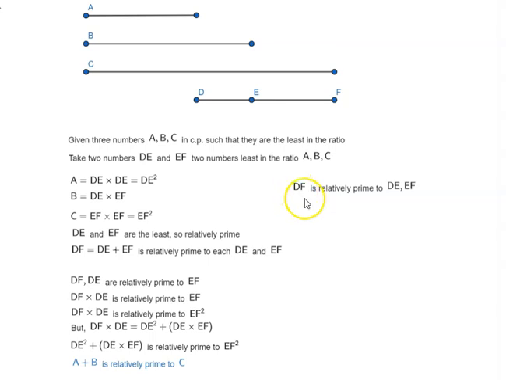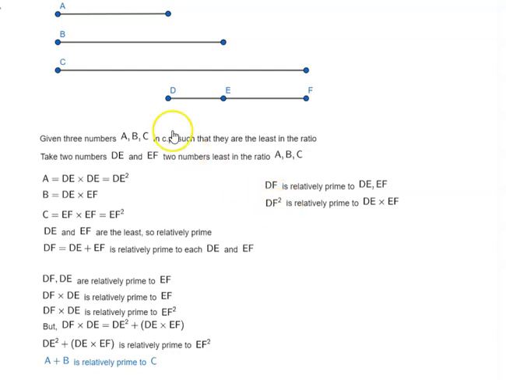Let's look at another case. DF is relatively prime to DE and EF. Means DF square is relatively prime to DE times EF. Now DF square is nothing but DE plus EF, the whole square. Right? So we can write it as DF square equal to DE plus EF square.